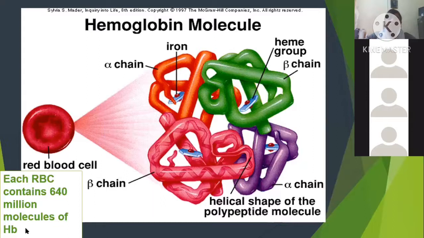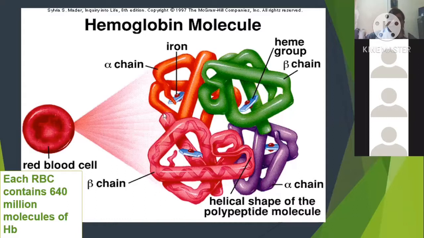So the number of hemoglobin proteins present in a single RBC is around 640 million molecules. Then you can imagine the number of hemoglobin molecules present in our body, right? You have to count the total number of RBCs, each containing around 640 million, then what is the total number?